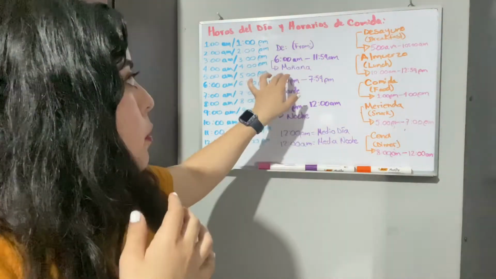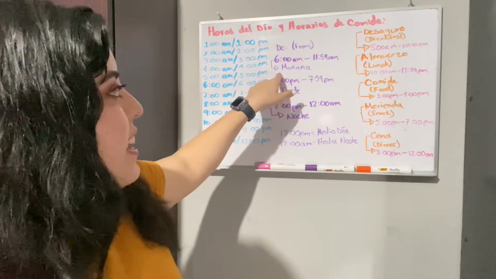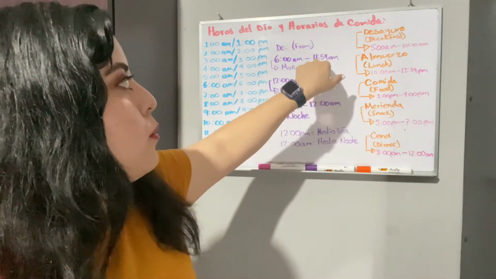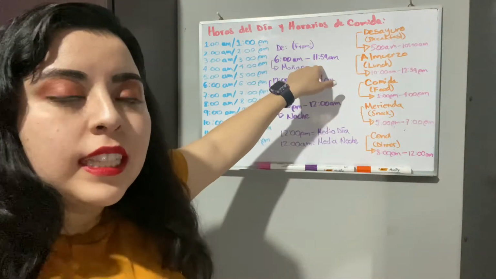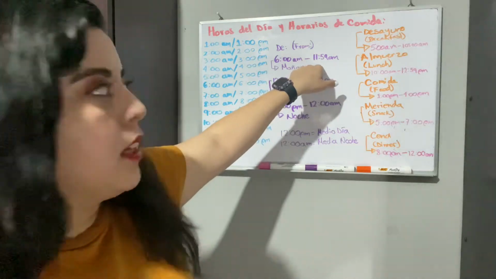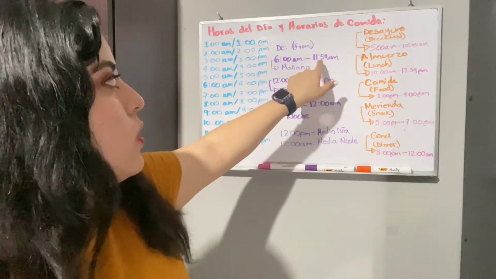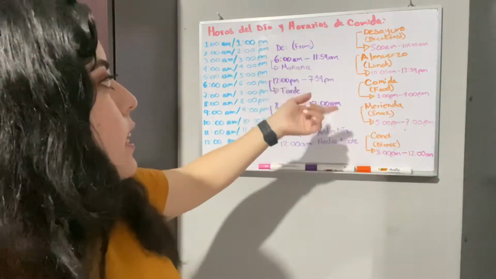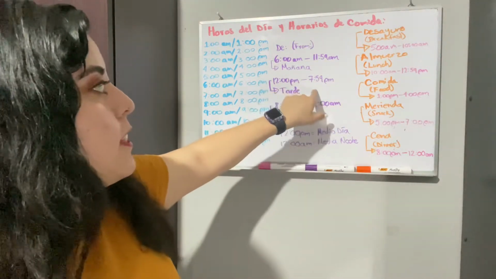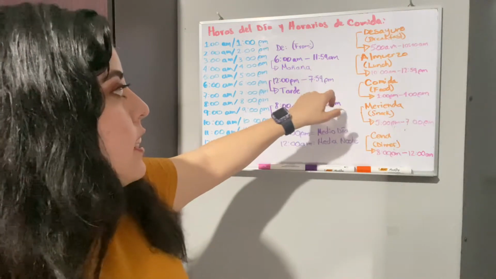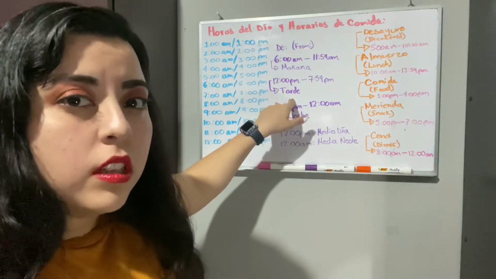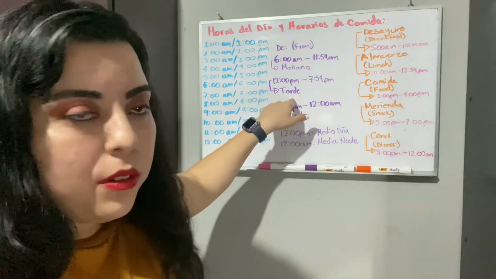So, well, here from 6 a.m. to 11:59 a.m., you can call it la mañana. Also 5 a.m., I think. Yeah, so it's la mañana. Then from 12 p.m. to 7:59, it's known as la tarde, that is the noon or afternoon.